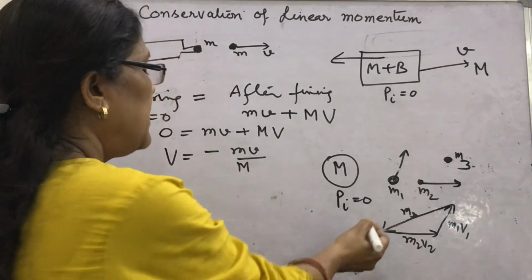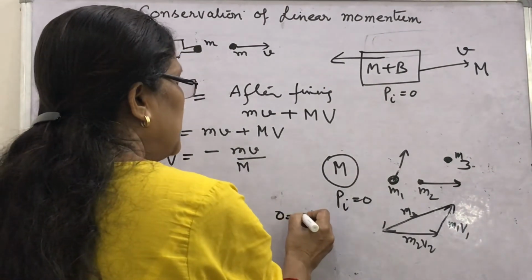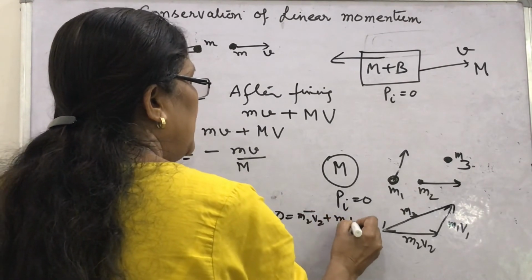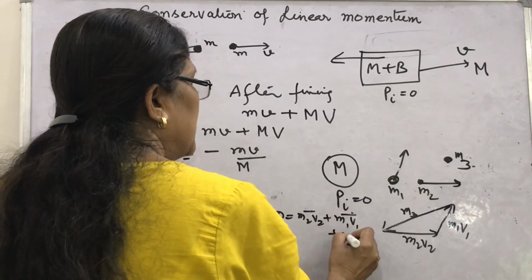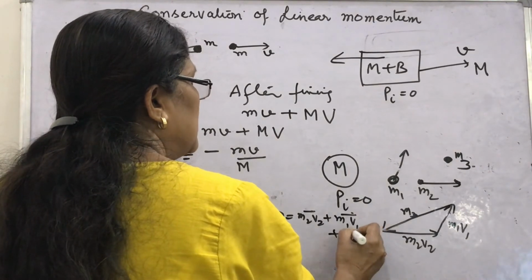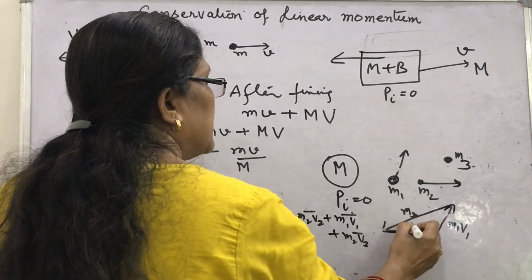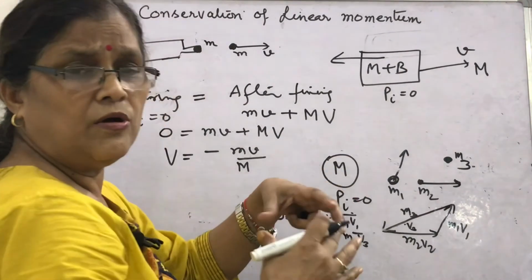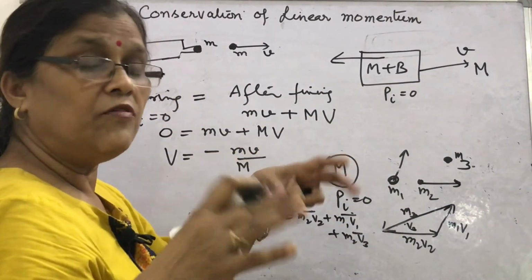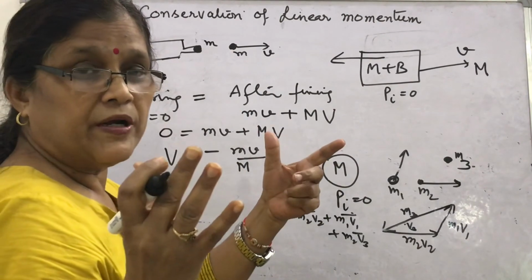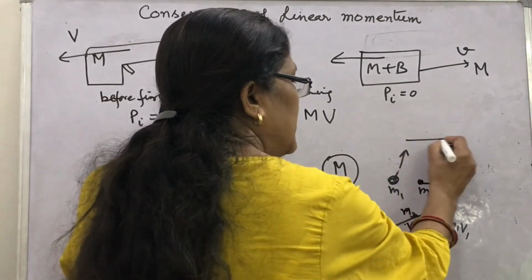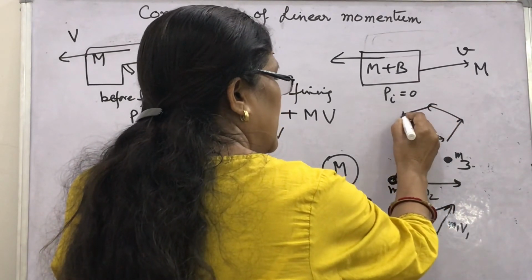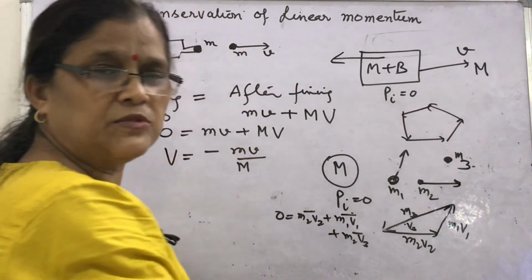Then what will you write here? 0 equal to m2 v2 plus m1 v1 plus m3 v3. So this is the velocity vector v3. If it is broken into a polygon, how will you find the net momentum? You have to draw the polygon with its sides taken in order to get net momentum 0.